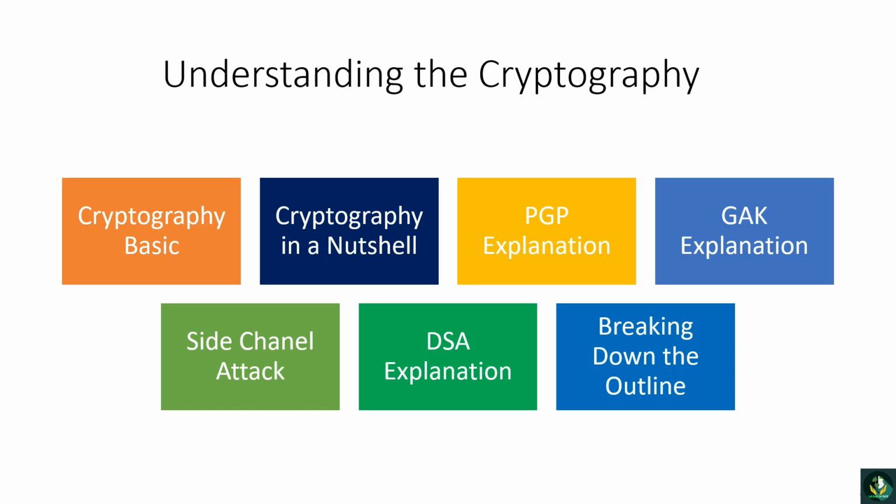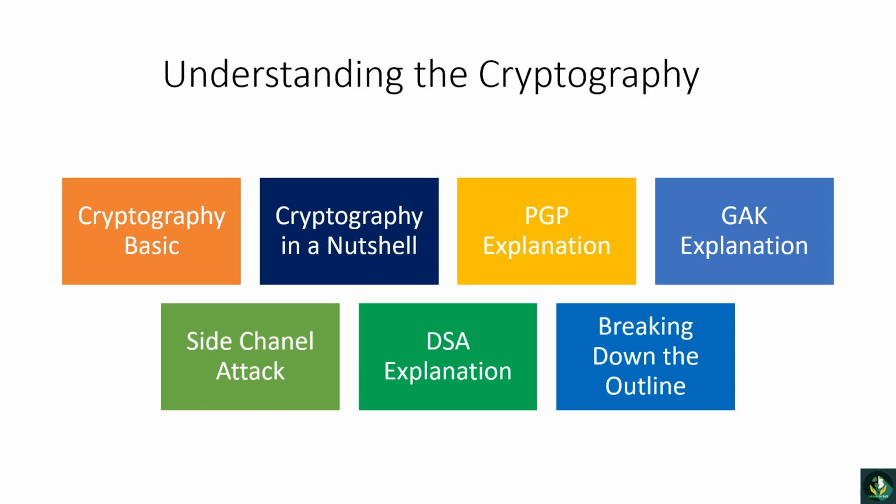First we're going to learn the basics of cryptography, then cryptography in a nutshell, then PGP. We will talk about the PGP explanation, which means Pretty Good Privacy. Then we're going to use the GAC explanation.